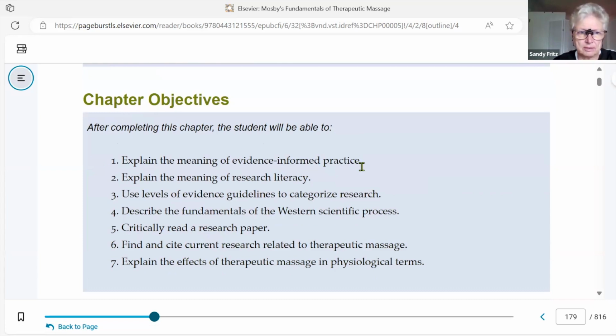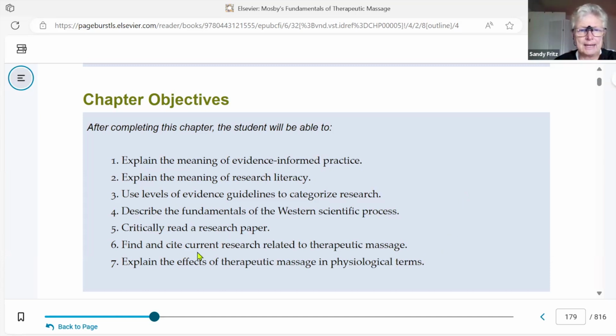So here are your objectives. And you want to question yourself with this. Can I explain evidence-informed practice? Can I use levels of evidence guidelines when I am looking something up to decide if it's a good piece of information or maybe not?